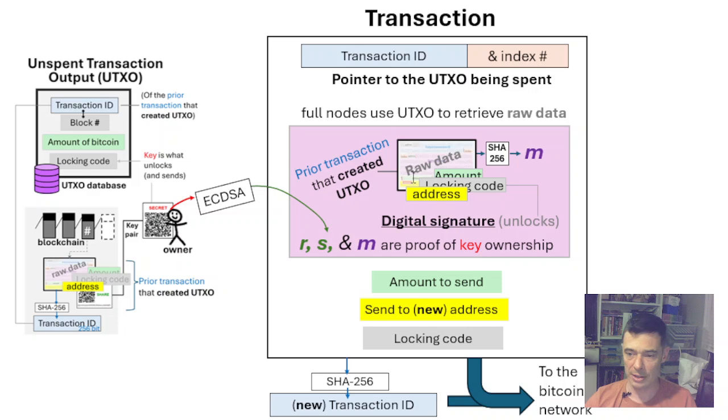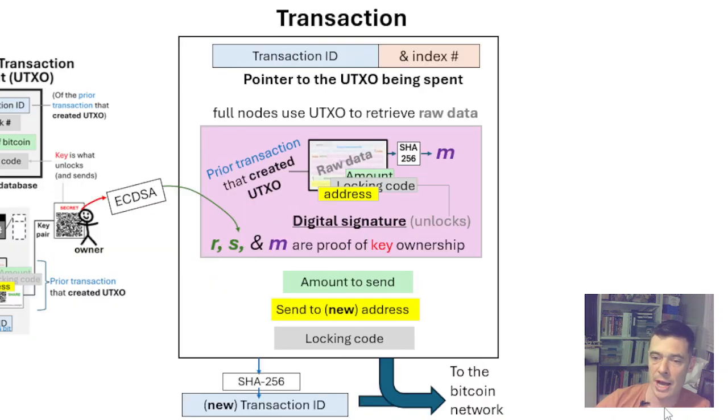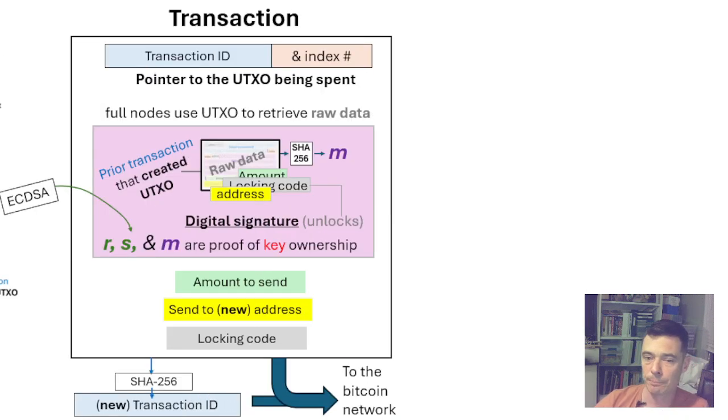They're going to pull all the raw data, and they're going to use that. They're going to hash their M. They're going to get the R and the S. They're going to ensure that whoever created this transaction does own the private key. And if all of this is valid, then they will process this transaction, add it to the mempool, and send it out to the rest of the network.